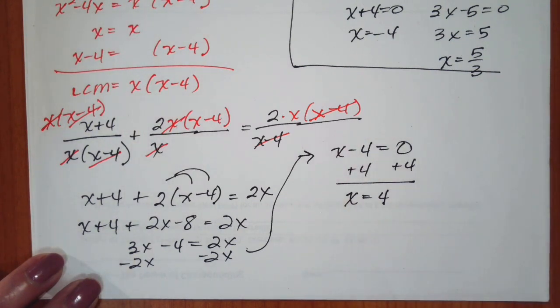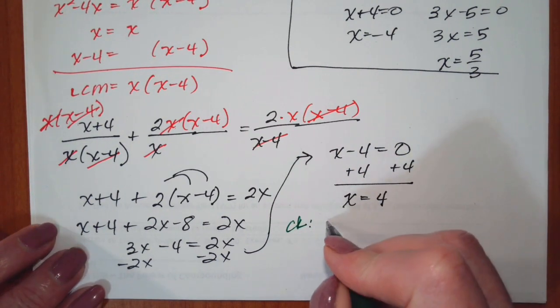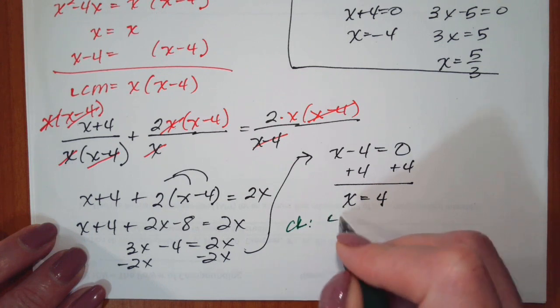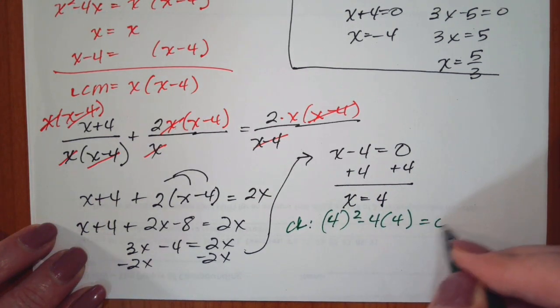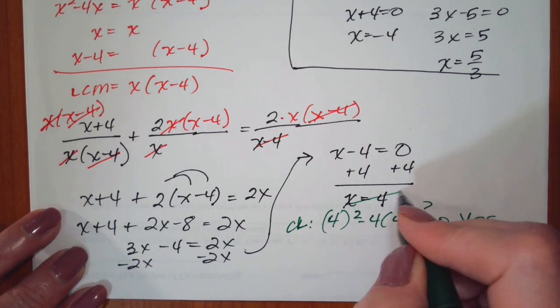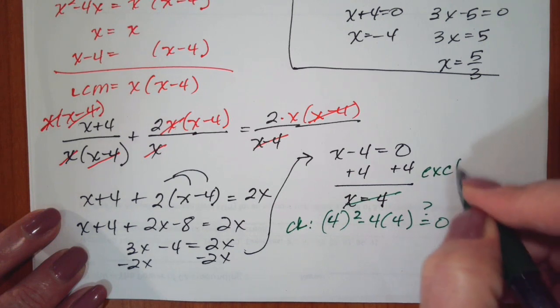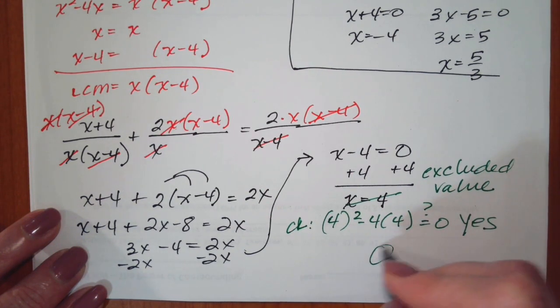Okay, so I want to check in my denominators. I want to know if 4 squared minus 4 times 4 is equal to 0. The answer is yes. So this is an excluded value. So there is no solution.